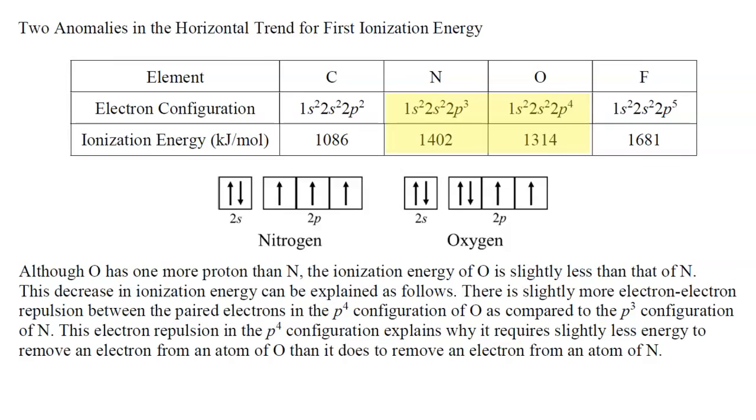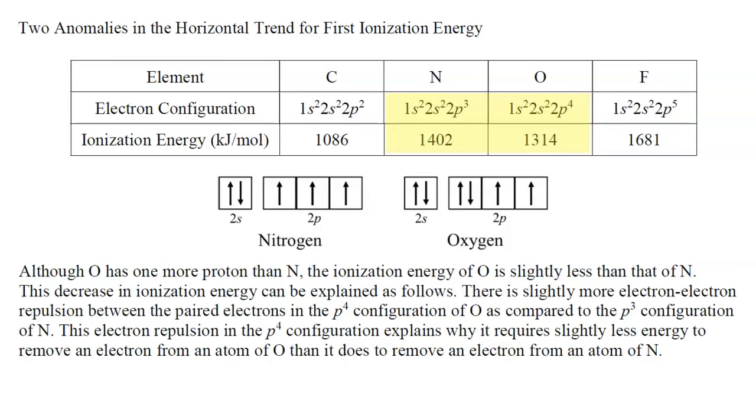Although oxygen has one more proton than nitrogen, the ionization energy of oxygen is slightly less than that of nitrogen. This decrease in ionization energy can be explained as follows. There is slightly more electron-electron repulsion between the paired electrons in the p4 configuration of oxygen as compared with the p3 configuration of nitrogen.